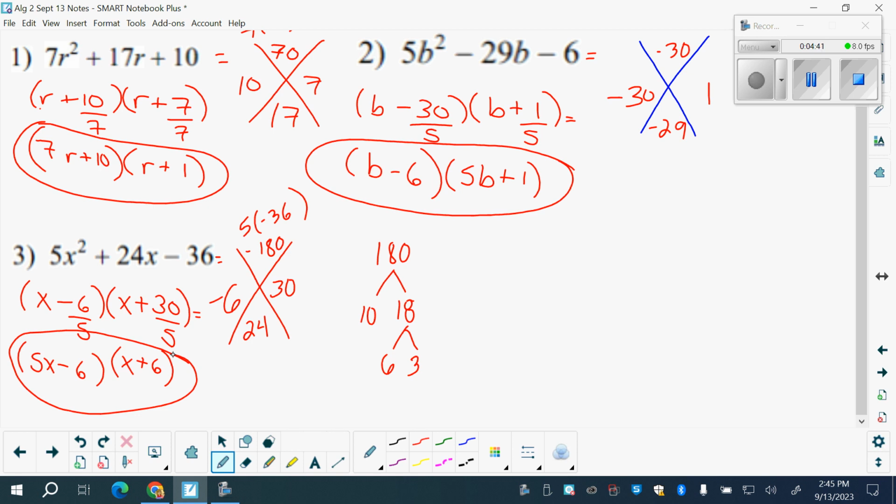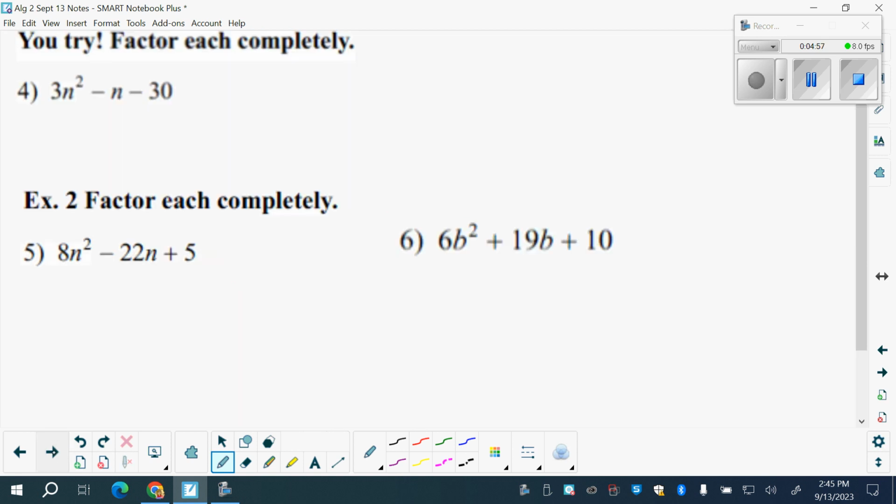You had the right steps. So on that U-try, the coefficient in front of this n is a -1, in case you didn't know that already.